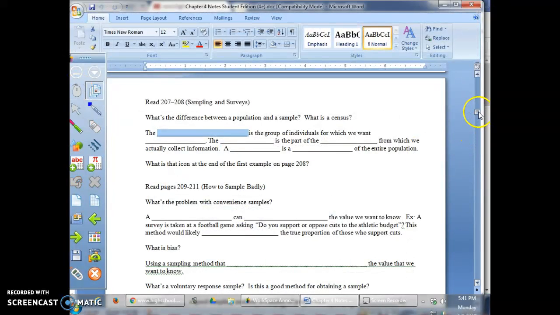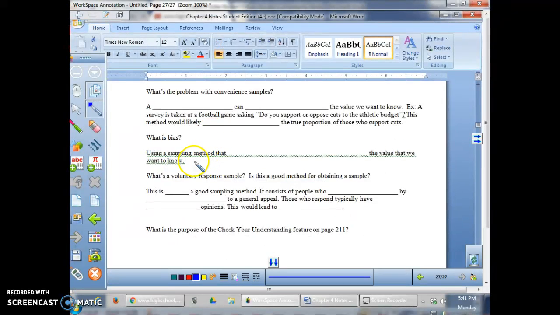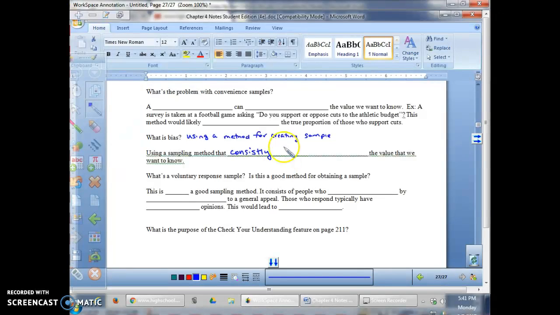Okay, let's go to the next little section. So what is bias? Bias is going to be using some sort of method for creating your sample, using a sampling method that consistently over or underestimates the value that we want to know.